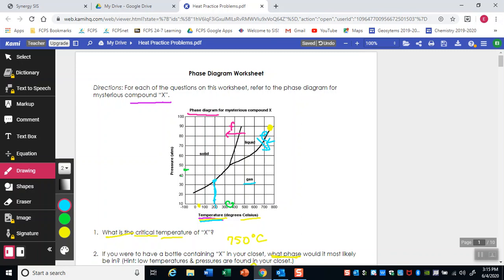Right here, it's going from a gas to a solid. And then right here, it is solid, solid, solid. So at 200 degrees, it's either a gas or a solid. Okay, or both, where it's gas to solid, remember, is deposition.